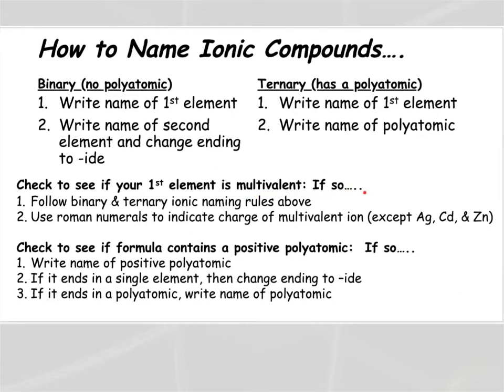If it is, you use your normal binary and ternary rules like we have done above, and then use a Roman numeral after that first element to indicate the charge of that multivalent ion. Remember, there are 3 exceptions in the middle that will never require a Roman numeral. Never put a Roman numeral with these 3, but we're going to have to for the rest of them.